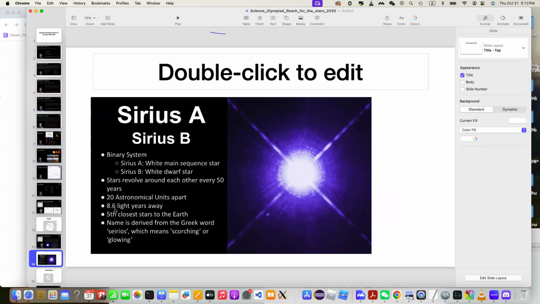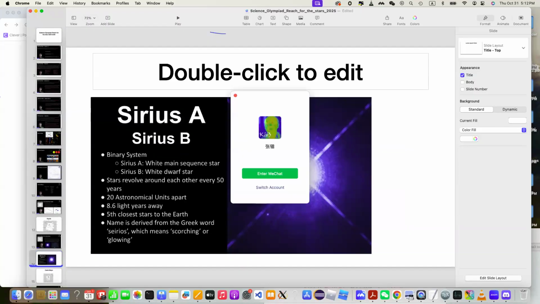Another interesting fact is that it is 8.6 light years away. Recall that the nearest star to our Sun is about 4.3 light years. I think it's Centauri, Alpha Centauri or something.